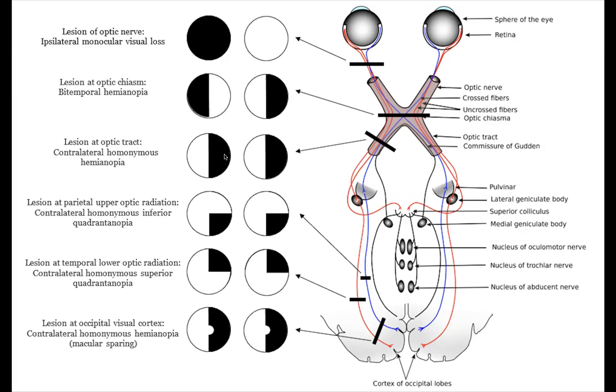So one side of the vision is okay, but the other side you can't see. So usually it will be contralateral homonymous hemianopia. That means if the lesion is on the right side, you will not see the temporal and the nasal portion on the left side. Okay, so this is contralateral homonymous hemianopia.